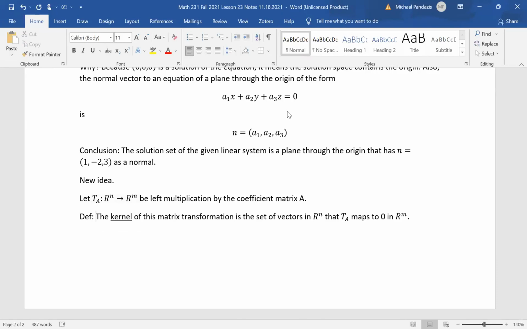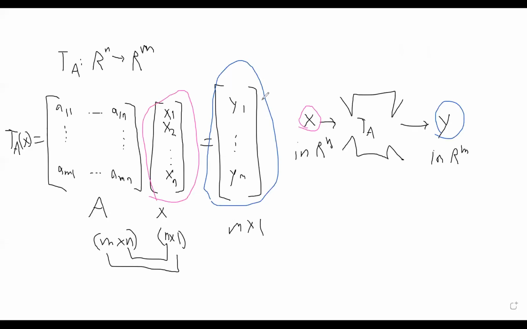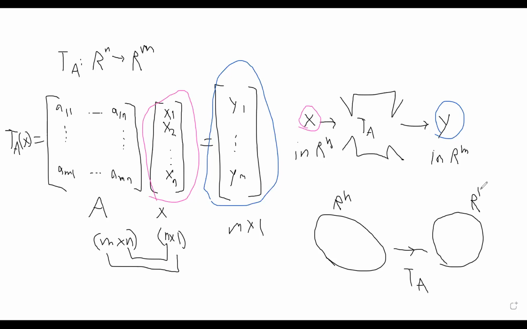Okay, so here in the whiteboard you have this T sub A, and T sub A as a map is from Rn to Rm. So if you visualize this as an arrow diagram, T sub A is a map that will map Rn to Rm. Now, some of the vectors will go to 0.